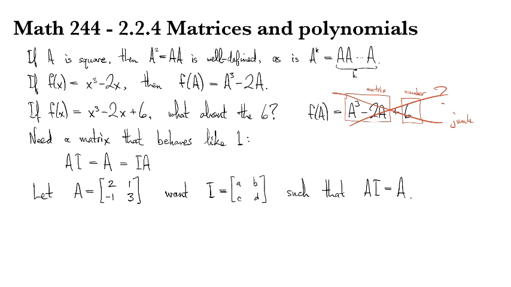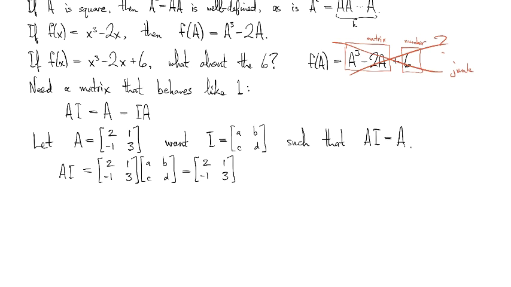Okay, well then this gives us a system of equations that we can set up. So we've got A times I, and this is supposed to be equal to A again. So the equations that gives us, let's see, we're going to have 2 times a plus 1 times c equals 2. So that's looking at the first row, first column gives us first row, first column.